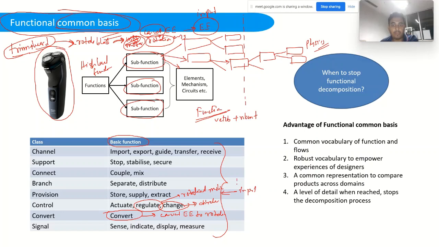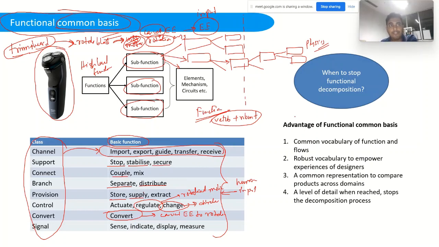Probably some human input. Likewise, there are certain classes defined along with respective functions which are used for defining the functions in a functional decomposition process. And when we reach this sort of verb form, we should understand that we have reached the lowest level of the functional decomposition process.